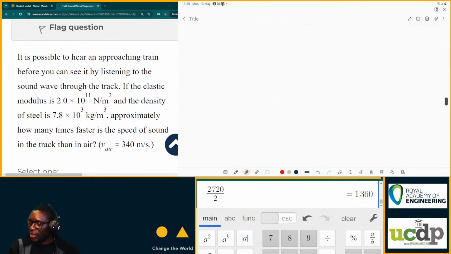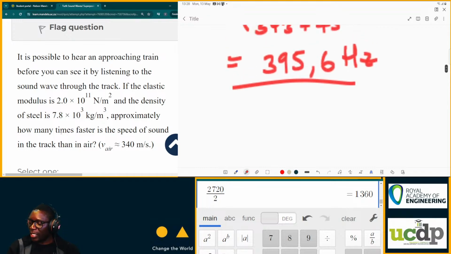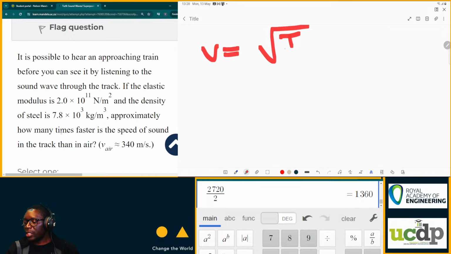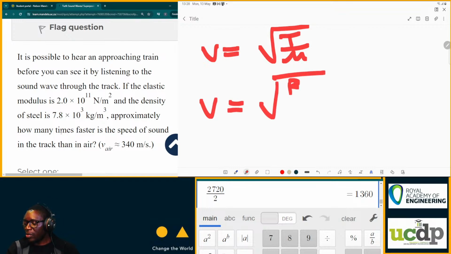So it's always nice. We always have formulas given to you, even in your question papers. Some formulas are given. If you are looking at sound through a string in tension, you have the square root of T over mu for the velocity of that sound. Now we're looking at sound through some bulky material, and this is given by the bulk modulus of the material over the density.